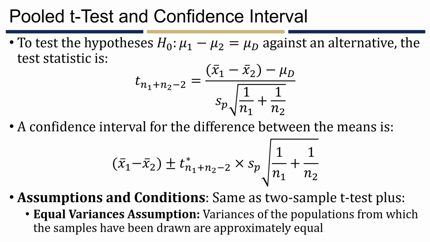And then we multiply that critical value by, again, the pooled standard deviation times the square root of 1 over n1 plus 1 over n2. The assumptions and conditions for this test are identical to what we did in the two-sample t-test, but we also need this additional equal variances assumption, which is that the variances of these populations are approximately equal to one another.